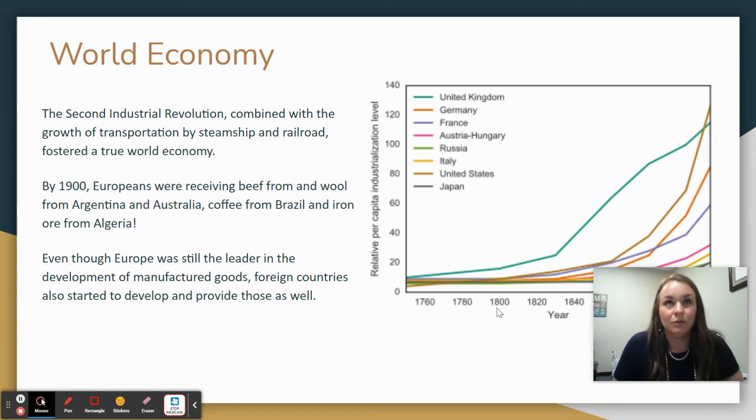We take for granted walking into Walmart or HEB and being able to grab a pineapple, a coffee easily, mangoes.